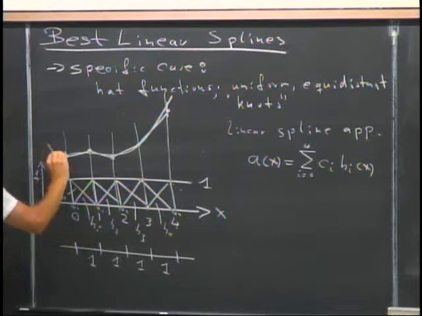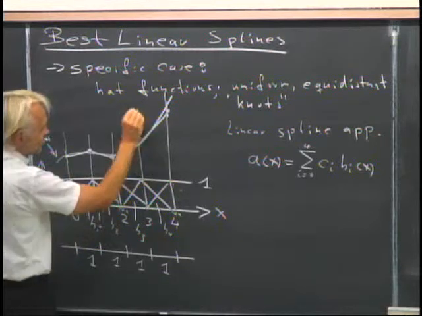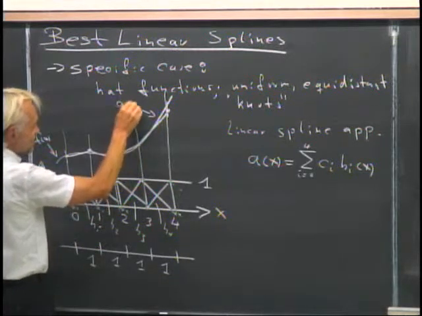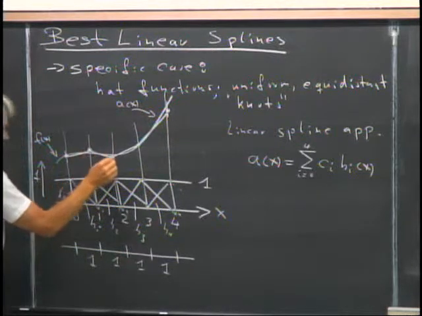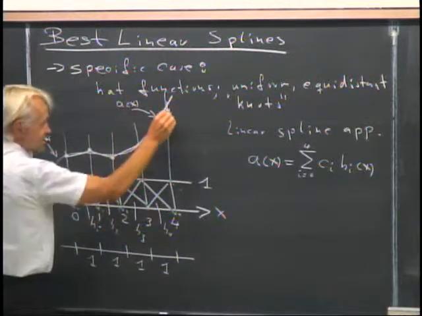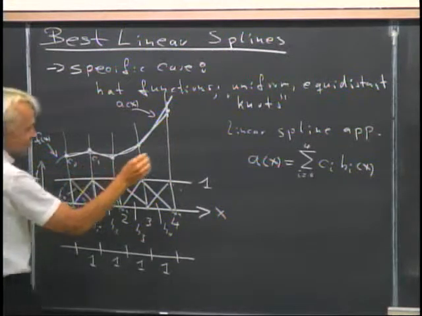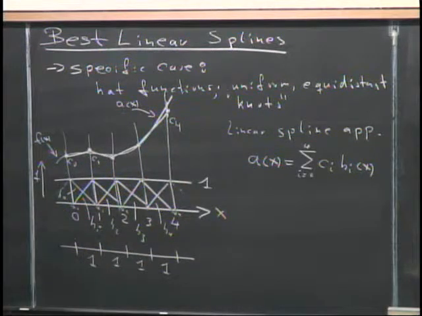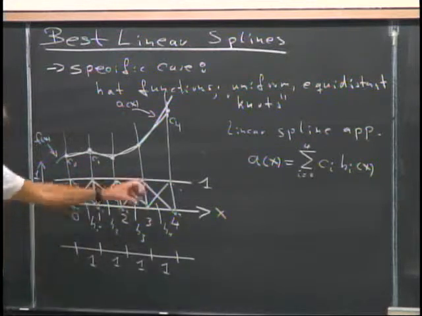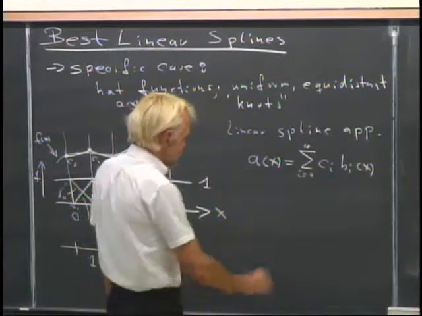So this is my function, f of x, and the polyline is my approximation, a of x. And these height values are the actual coefficients. This is coefficient 0, this is coefficient 1, this is coefficient 4. So the function is given, the hat functions are defined like this, so implicitly known, and I need to compute the unknown c's.